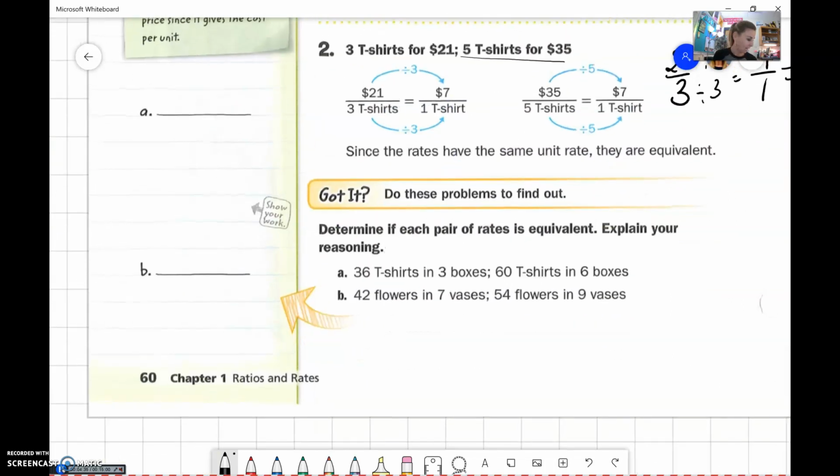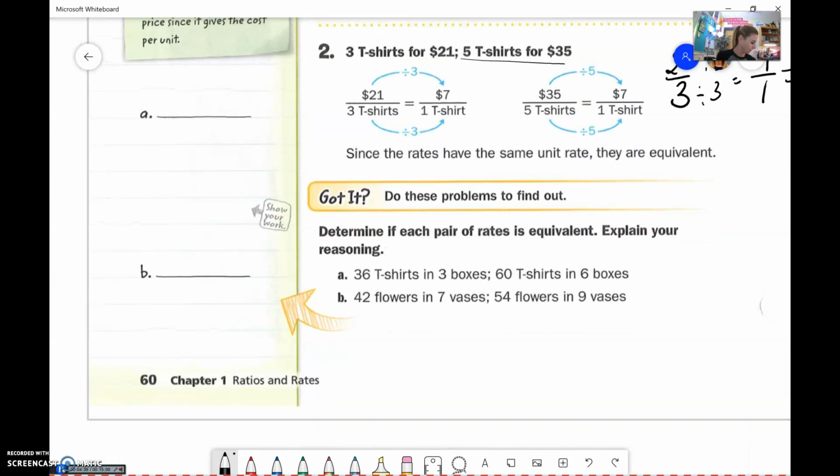Let's take a look at this example right here. Let's take a look at A. 36 t-shirts in 3 boxes. So we're going to write 36, you should do this with me, over 3. And then we have 60 over 6. We know that we can divide each of these by 3, which is going to give us 12 over 1.